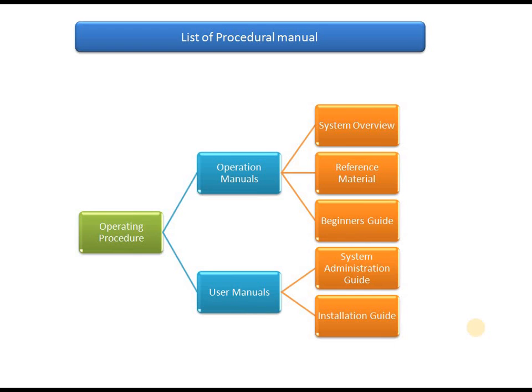The system overview says which kind of operating system is needed and how much memory space the software requires. This kind of information is included in the procedural manual.